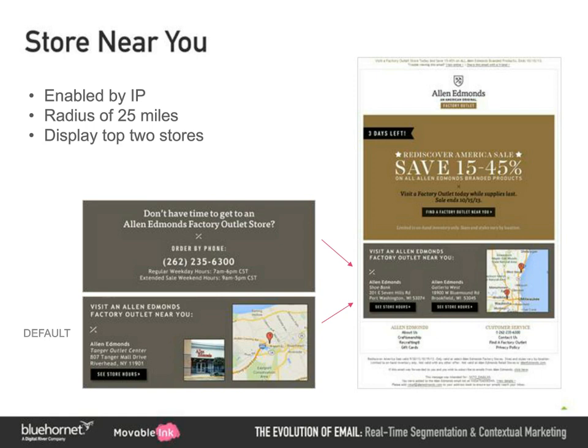So it would display up to 2 stores, and if there wasn't a store available, it defaulted with the top image. Ignore the text there that says default, is the one right above, calling out our call center, allowing customers to call in and talk with our call center reps.